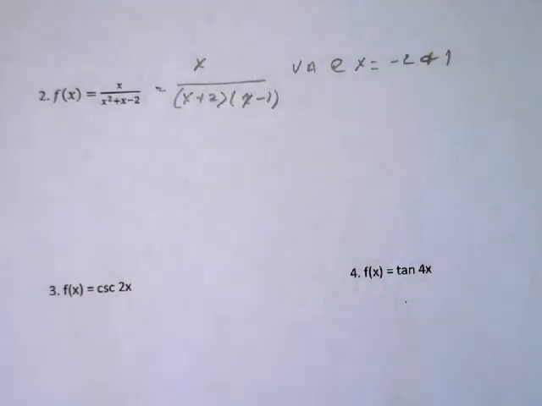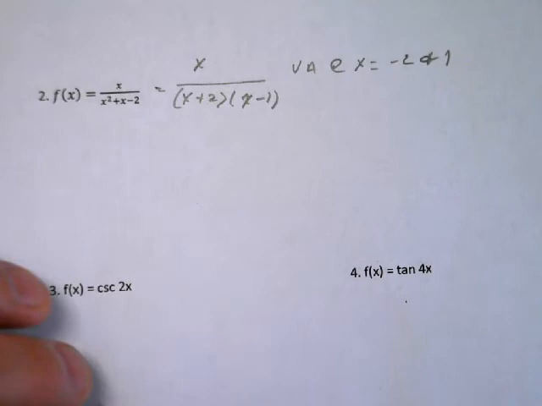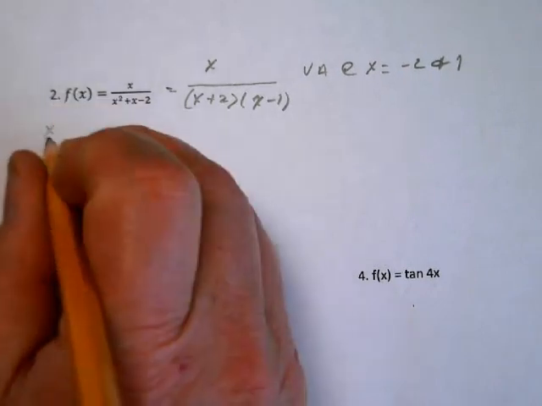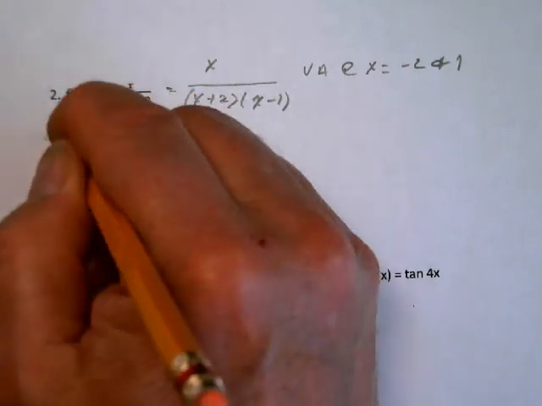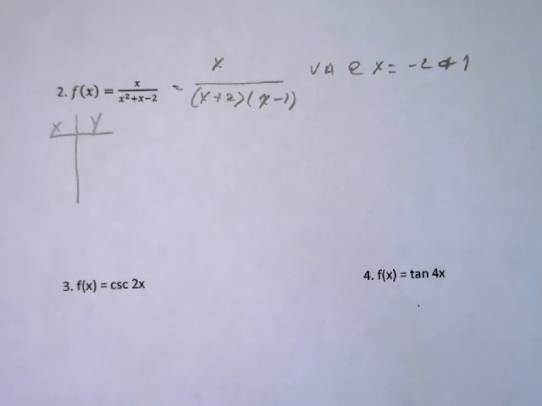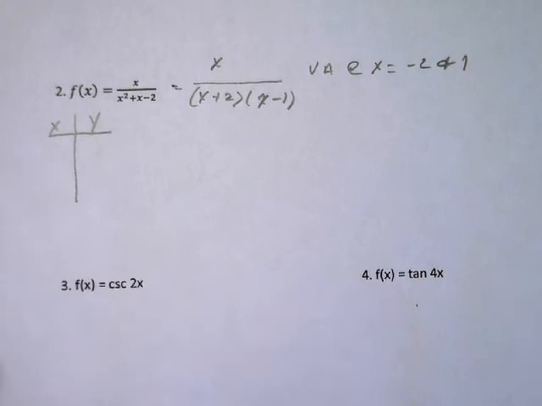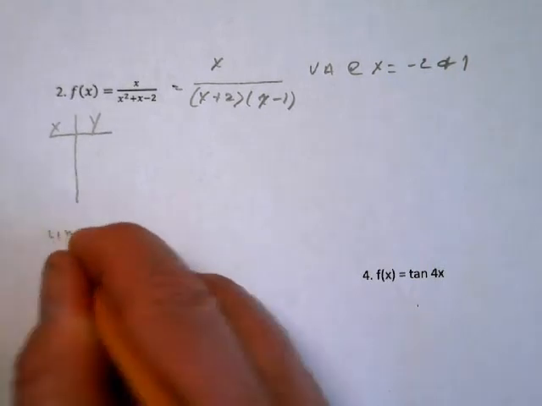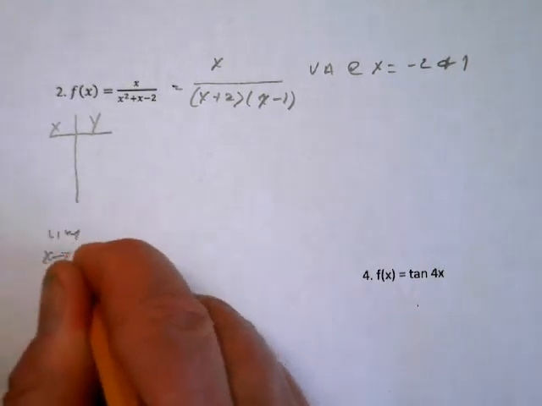So I have vertical asymptotes at -2 and 1. I'm not going to graph it, but what I am going to do is set up a table that looks at these. So this first one, I'm going to take a look at approaching -2 from the left.